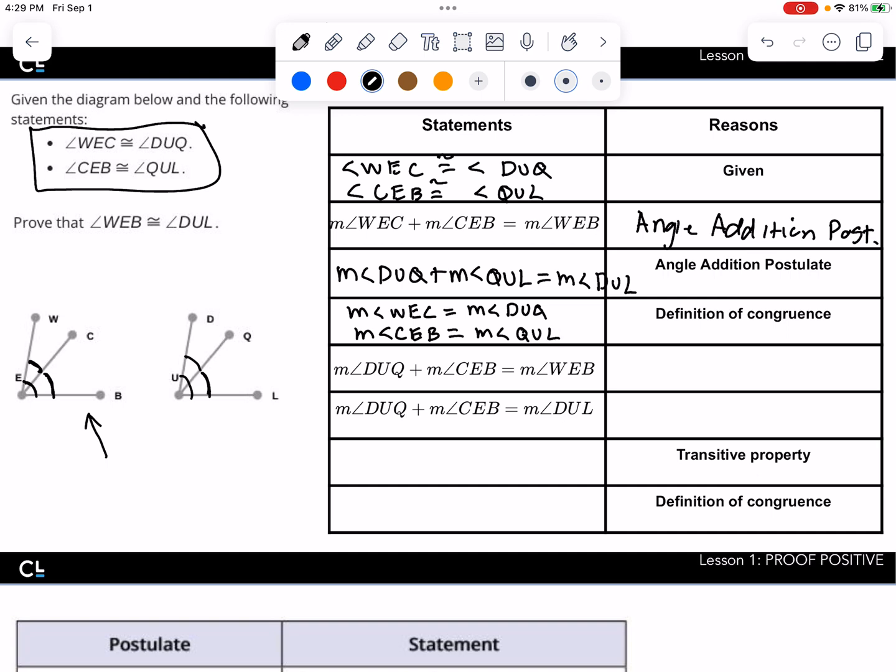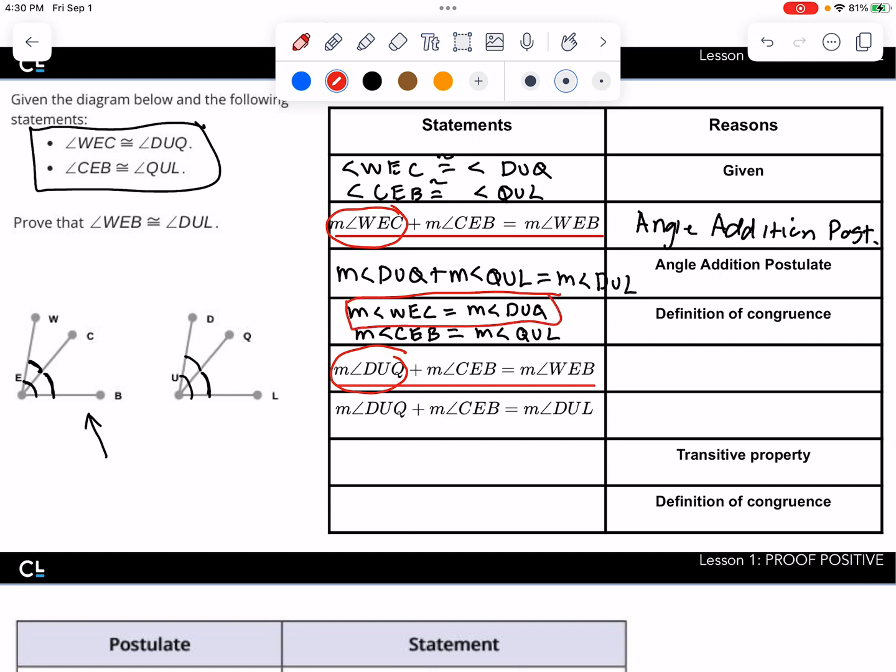Okay, so now let's look at this line. This looks very similar. Maybe I'll underline it in red. This looks very similar to this. There's one difference, right? Everything is the same except for these two numbers. But if you notice, those two numbers, or those two angles, I should say, are the same.